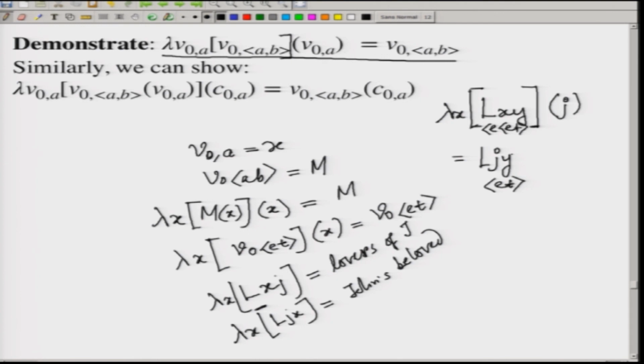So this defines just the Ly part, whoever loves y is defined by this.